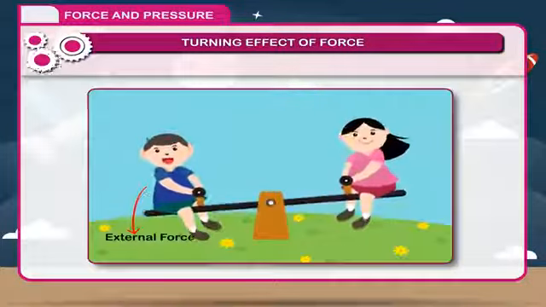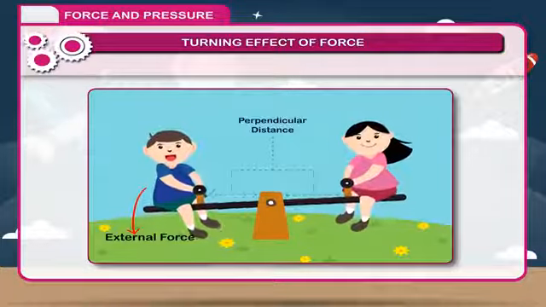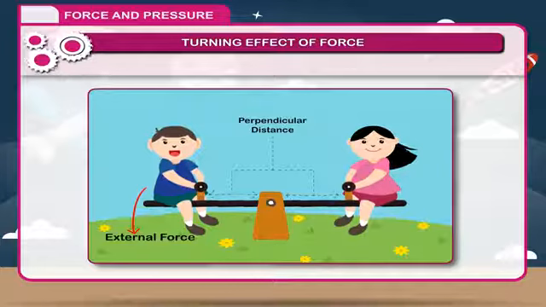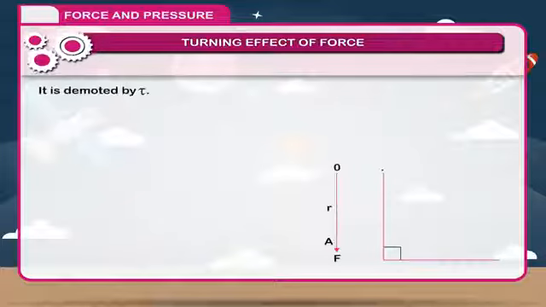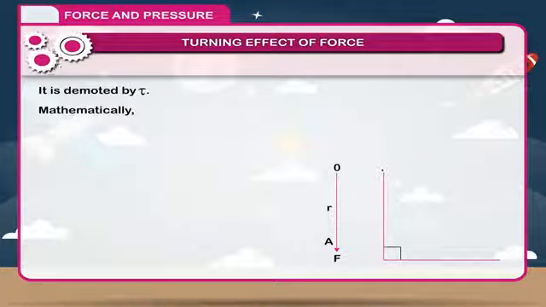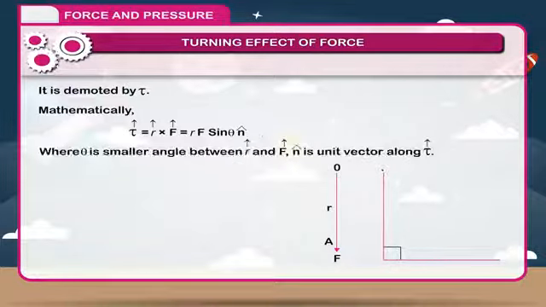Calculation. Moment of force or torque is measured by the product of the magnitude of force and the perpendicular distance of the line of action of force from the axis of rotation. Mathematically, torque τ = r × F = rF sinθ n, where θ is the smaller angle between r and F, and n is the unit vector along the torque.